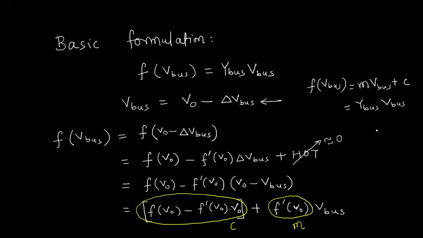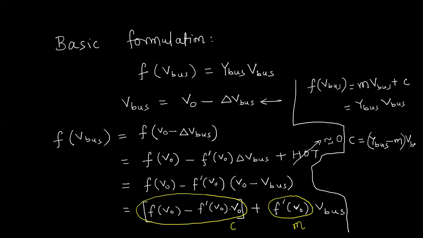Let us take V bus on one side and C on the other side. So what we can write from here, let me make some space here. Okay, so basically C is equal to (Y bus minus m) times V bus, right? And here the only unknown quantity is V bus. So that can be solved as (Y bus minus m) inverse multiplied by C.